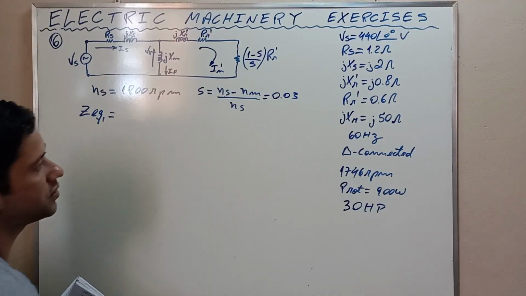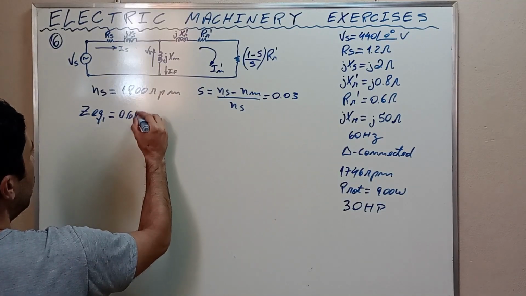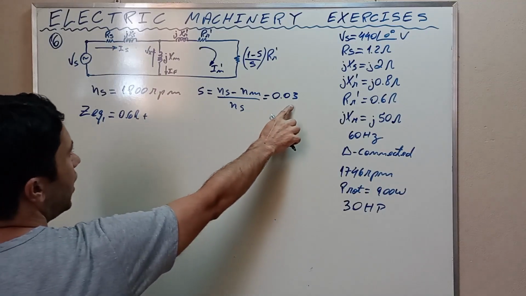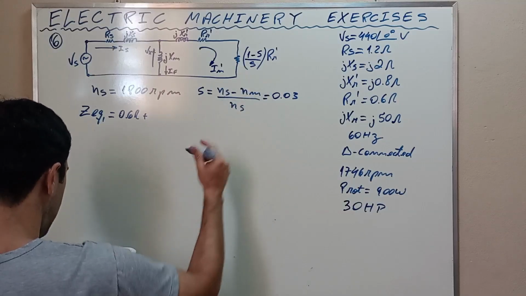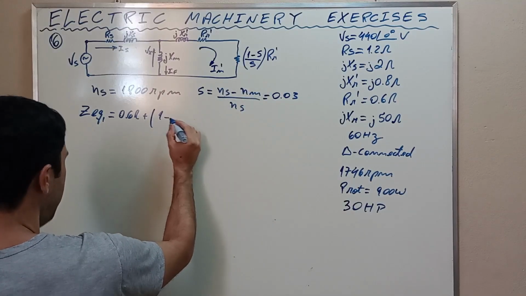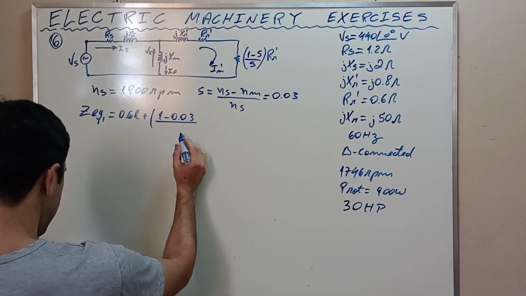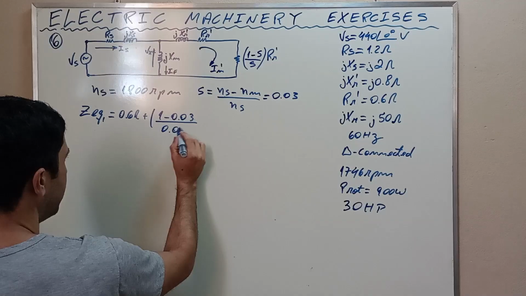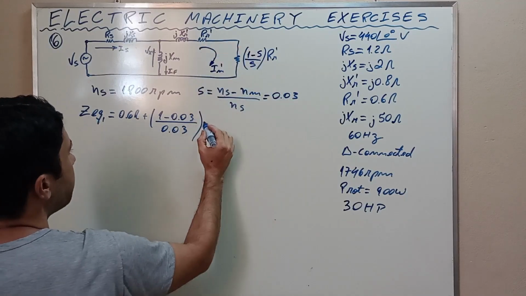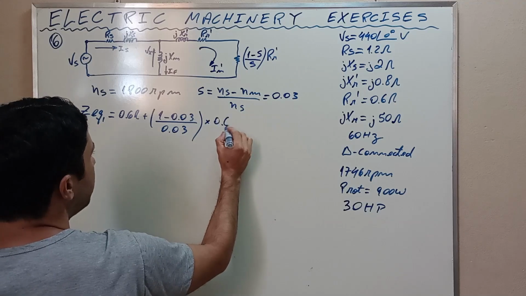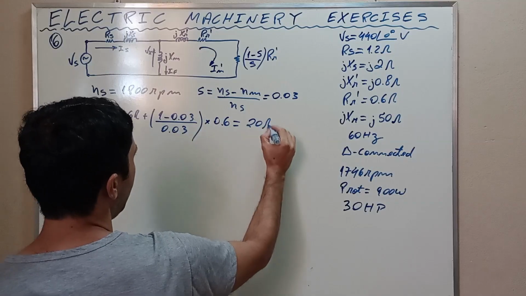The exercise said it is 0.6 ohms plus, with the value of the slip, we can calculate this resistance here, and it is equal to (1 minus 0.03) divided by 0.03 times 0.6, and then we find it to be equal to 20 ohms.